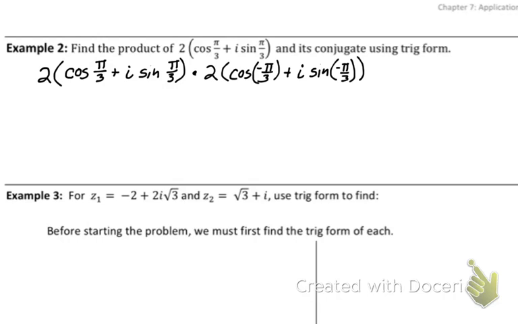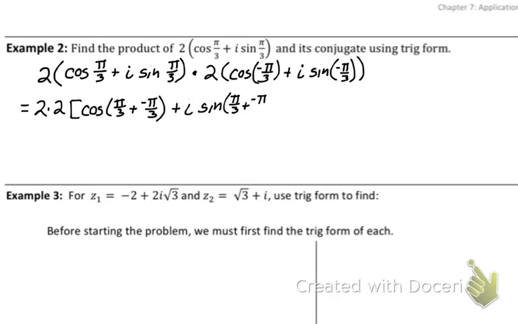We're going to multiply just like we did on the other side. We multiply our moduli, so that's 2 times 2. Let me write it all out. So that's going to equal 2 times 2. And when I'm multiplying, we add our 2 arguments, so that's going to be pi over 3 plus negative pi over 3, plus i times sine of, once again, pi over 3 plus negative pi over 3.